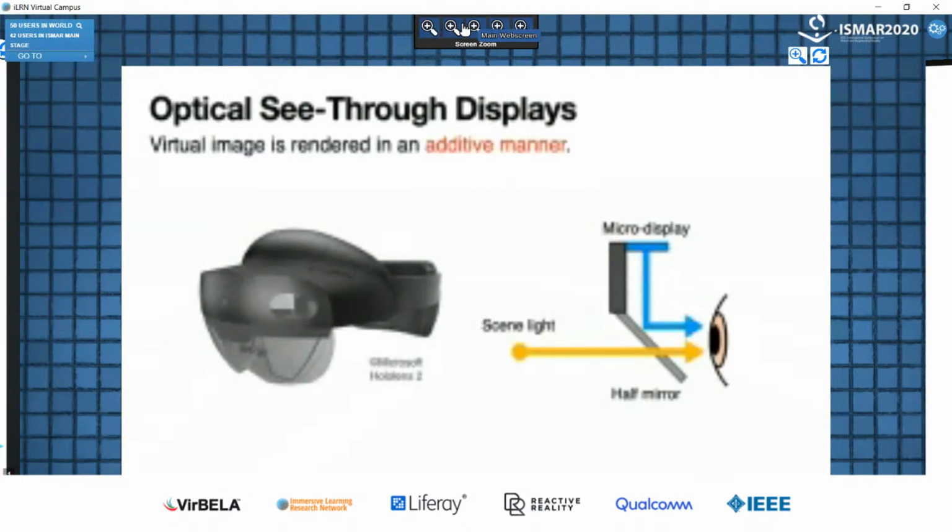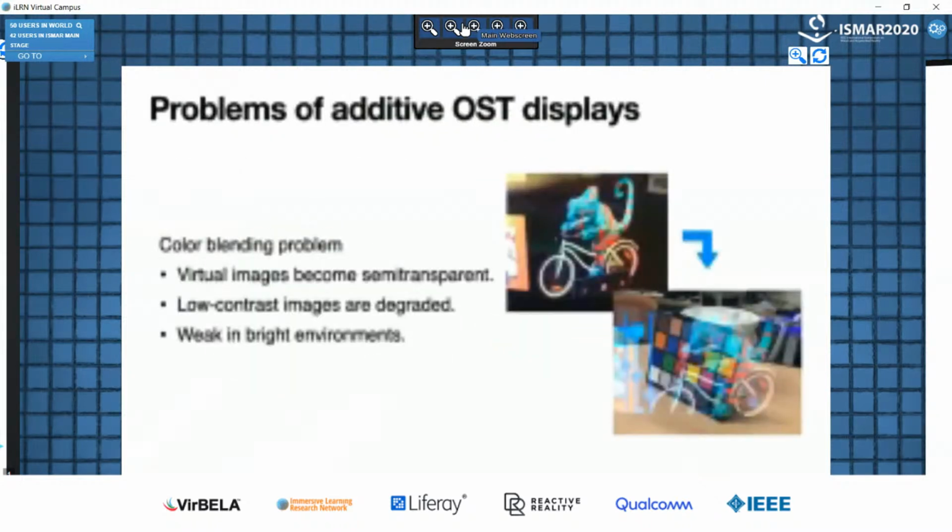Optical see-through HMDs or AR glasses play an essential role in a variety of AR applications. These OST displays provide virtual images by guiding the light from an internal microdisplay into the user's eye. These additive OST displays inherit the color blending problem.